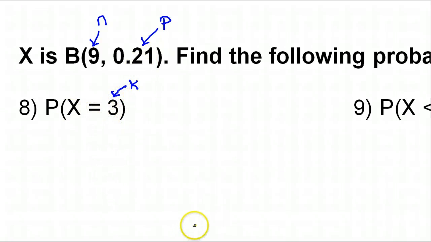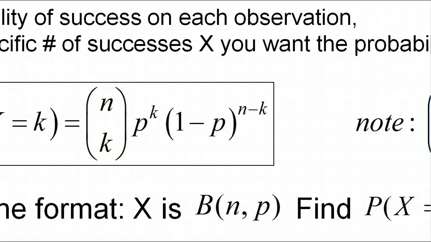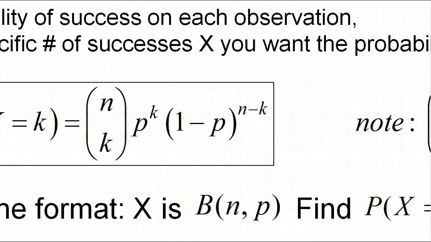So basically, I'm using the following formula. And again, understand that this n over k is n choose k. But other than having the n choose k, we have the probability of success, and k is really the number of successes that you're shooting for.